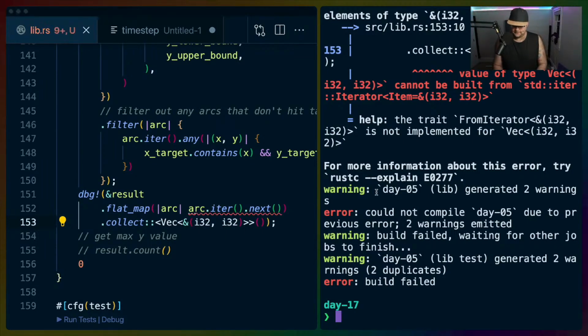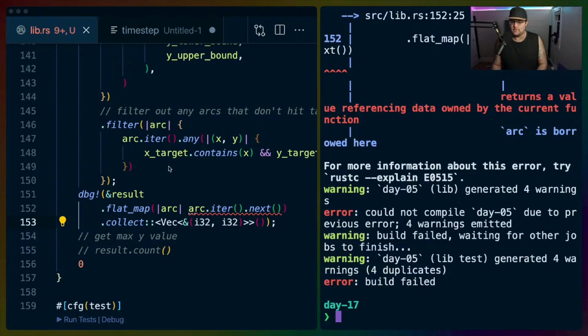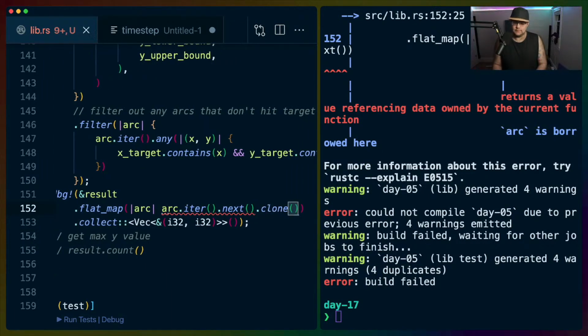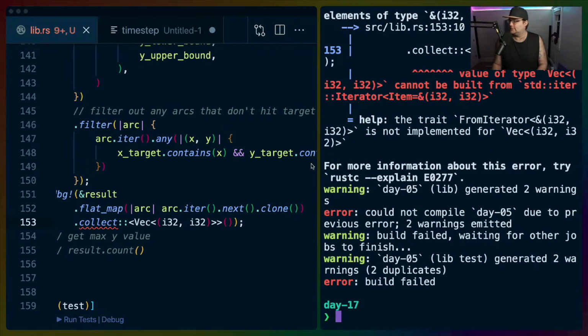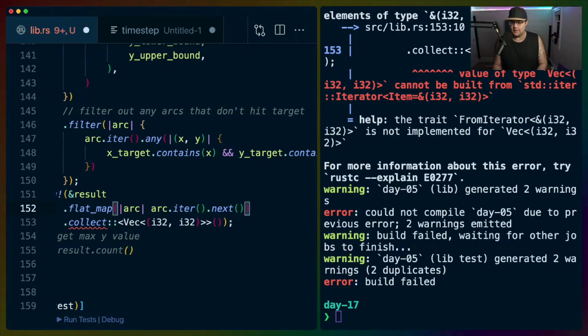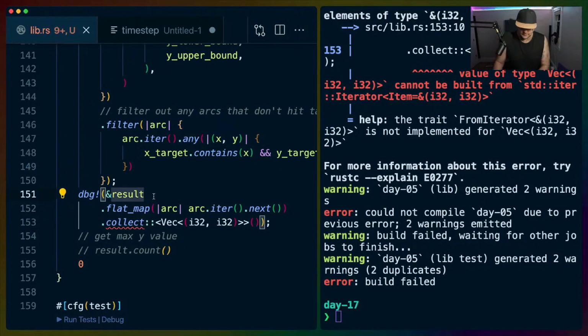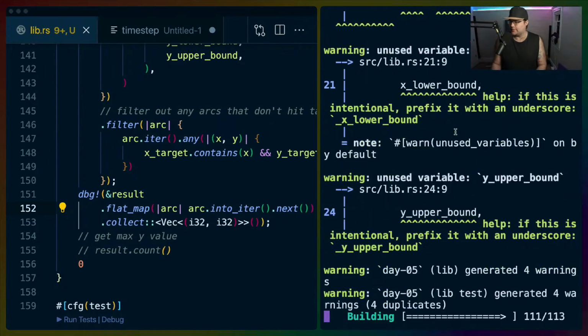How about that? Fine. We'll clone it. It still references because I'm silly. We're going to take ownership with into iter, and that'll fix our ownership issue.